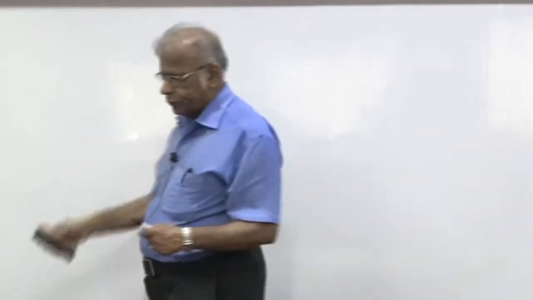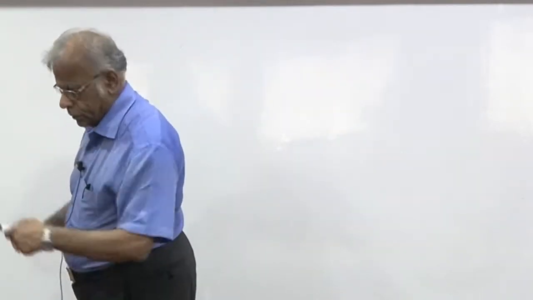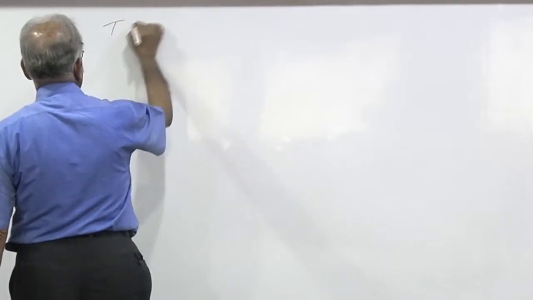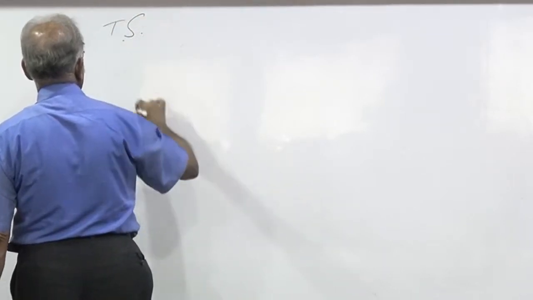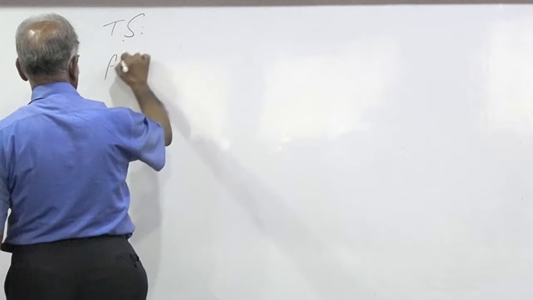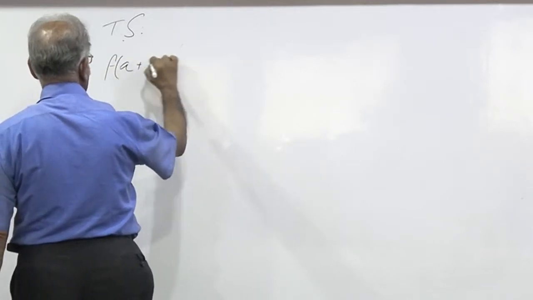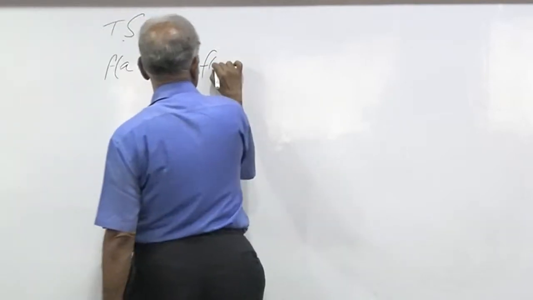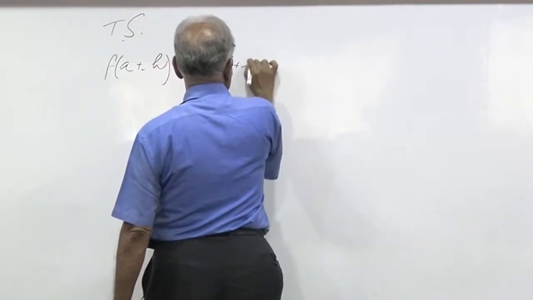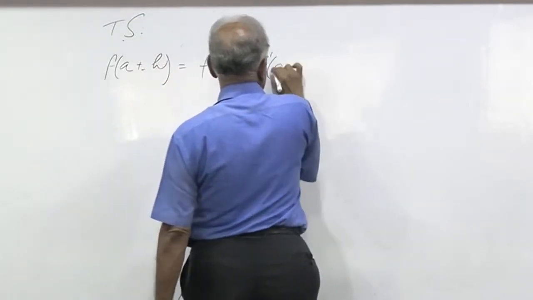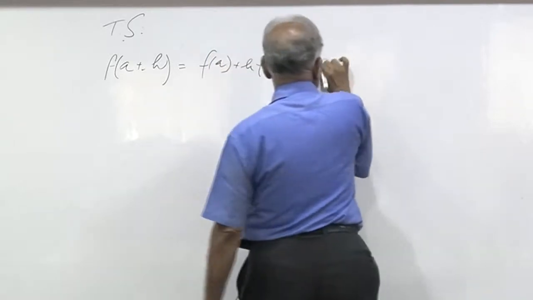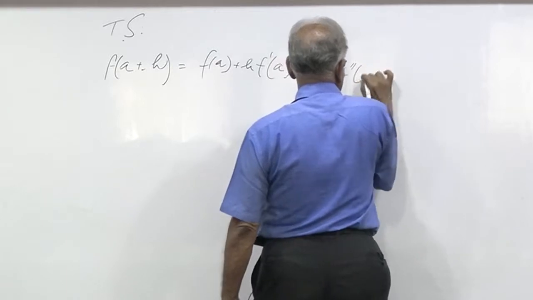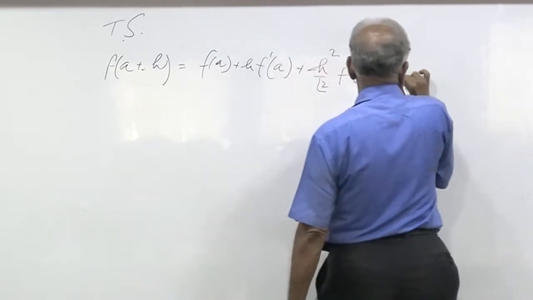Let's see. We put back the Taylor series once again. f(a+h) is f(a) plus h f dash a plus h square by factorial 2 f double dash a and so on.